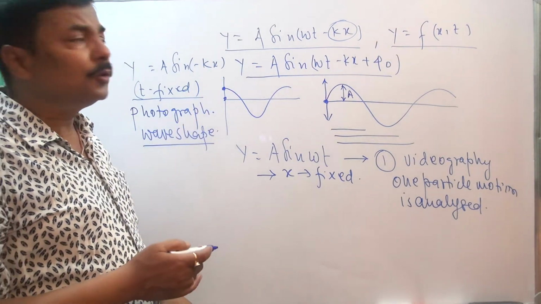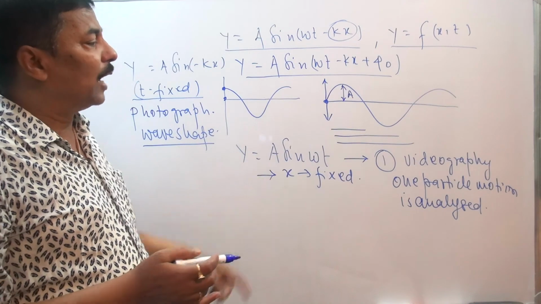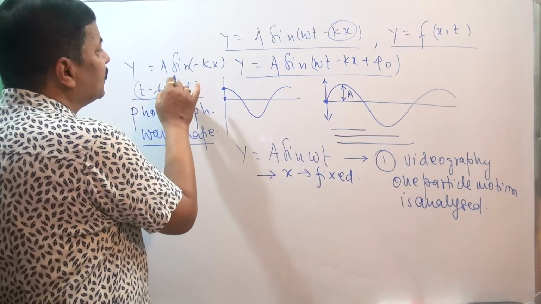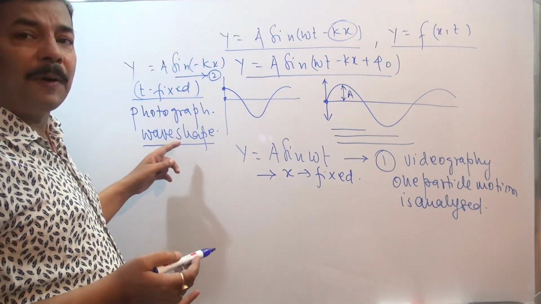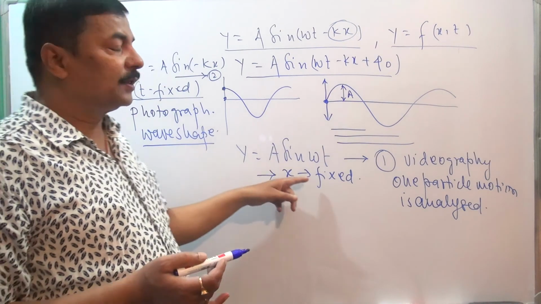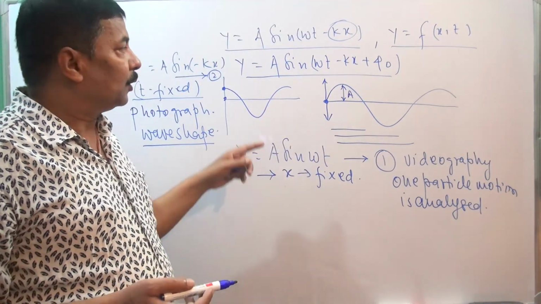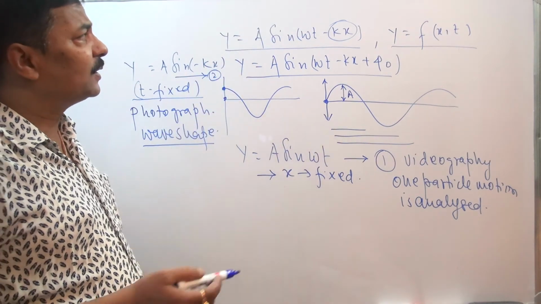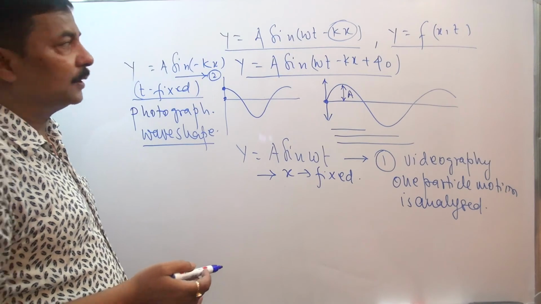So what I mean to say is that in a single equation we are getting two things. It gives you the shape of the wave, all the particles at a fixed time, and it gives you a single particle's position at different time intervals. So this is the basic analysis of y = A sin(ωt − kx).